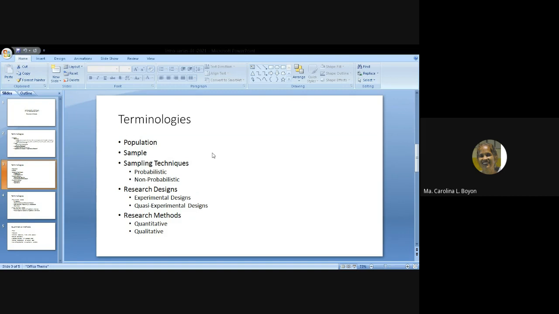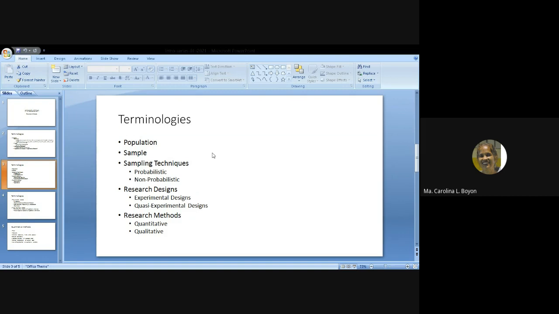So, with the importance of providing an unbiased sample, we need to understand these sampling techniques, how to generate the sample units which will compose the sample for the study. So we distinguish between probabilistic sampling techniques and non-probabilistic sampling techniques.